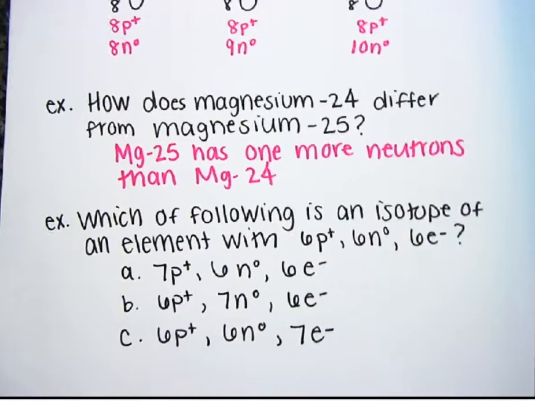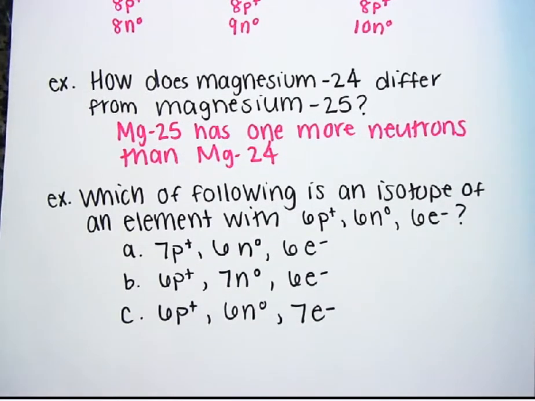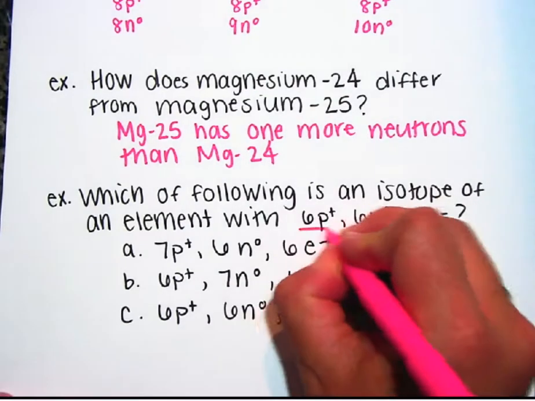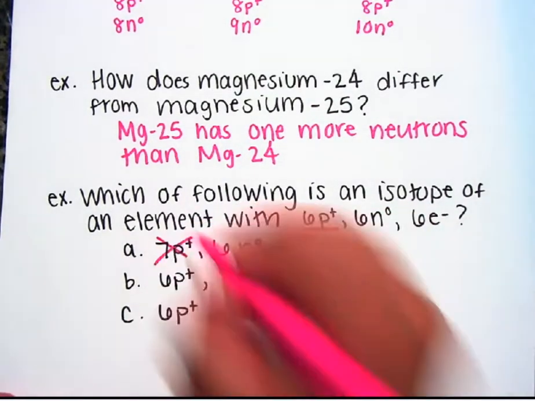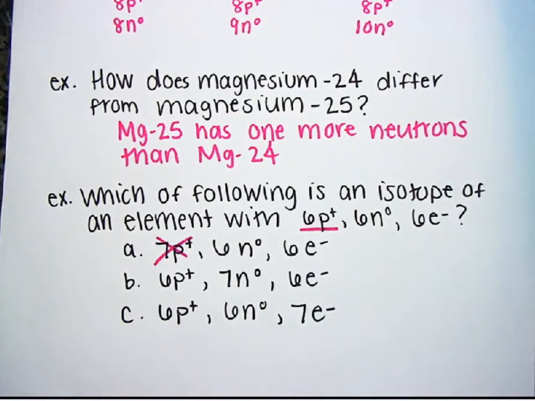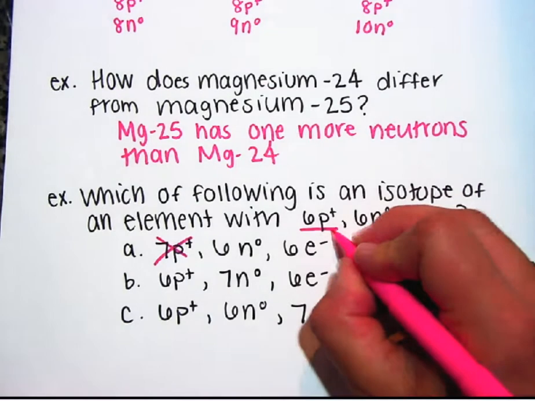And we had 3 choices, A, B, or C. So first, isotopes have the same atomic number, meaning they have to have the same number of protons. So right away, A should be out. Next, isotopes have different mass numbers.